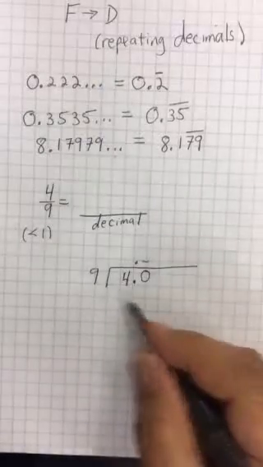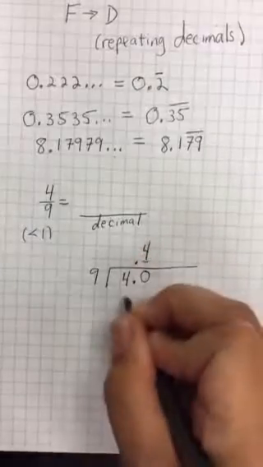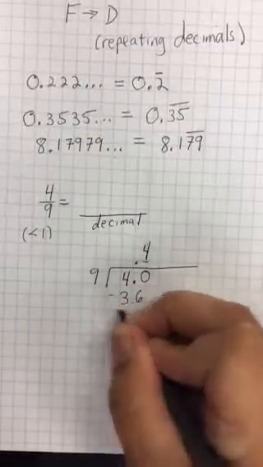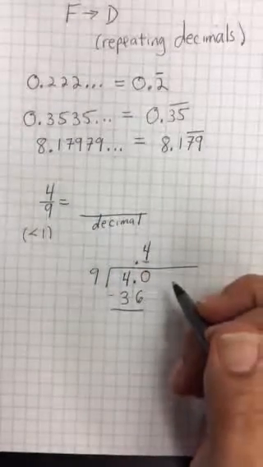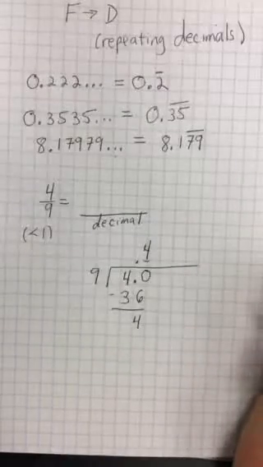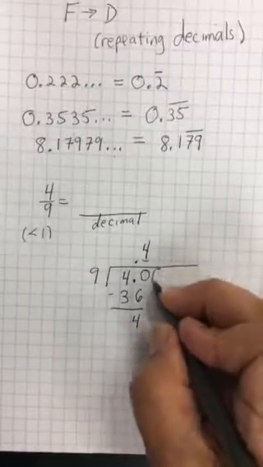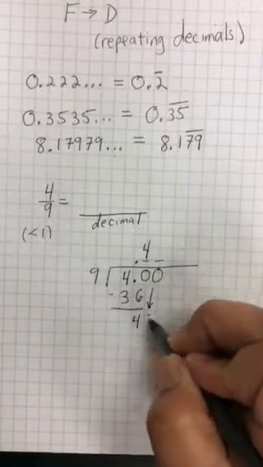Okay, so 9 goes into 40 4 times. It's really 4/10 sets of 9 in 4, which is interesting, or 9 sets of 4/10. So we subtract, and we have not got a 0 here, so we keep going.